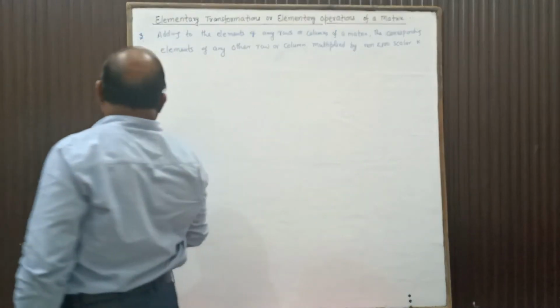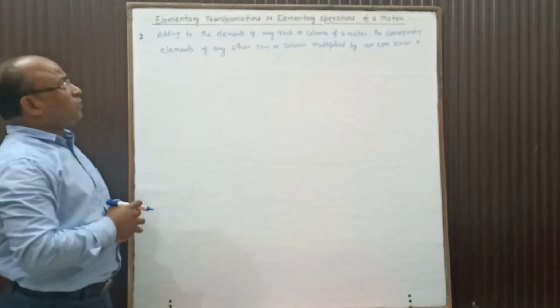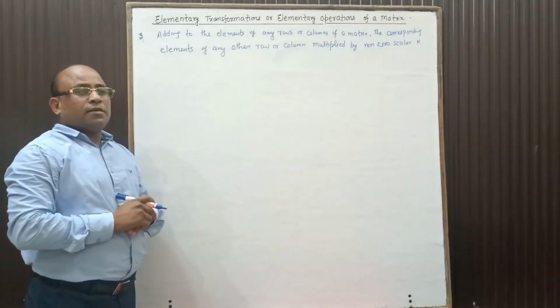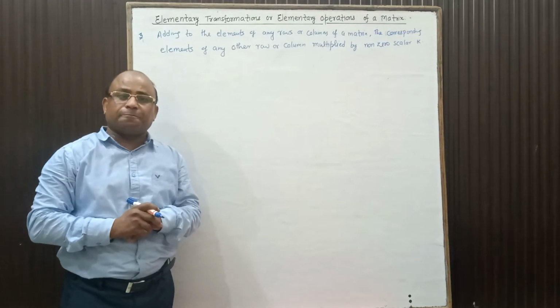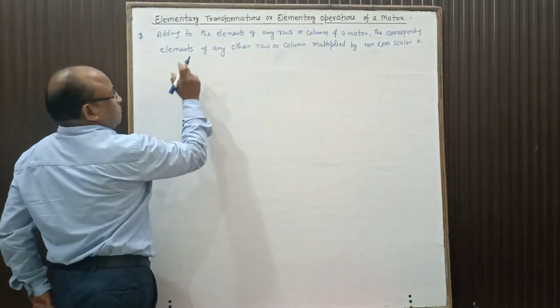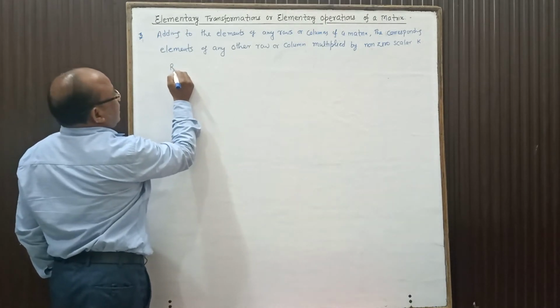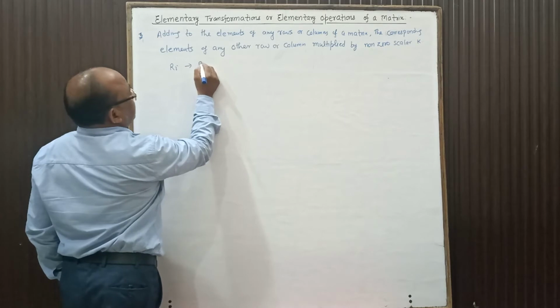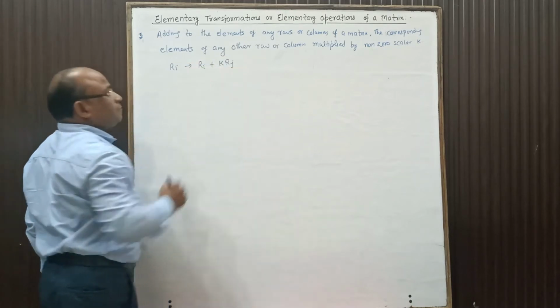This is a very important elementary transformation, the most useful transformation. With the help of elementary transformation, we can find the inverse of a matrix. This elementary operation is mathematically written like Ri is replaced by Ri plus kRj.